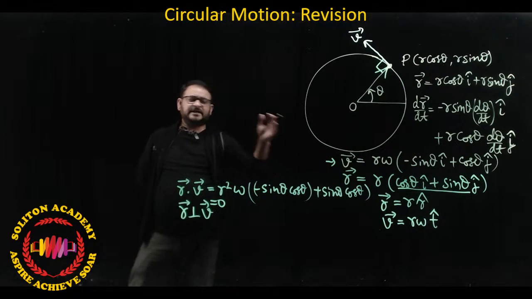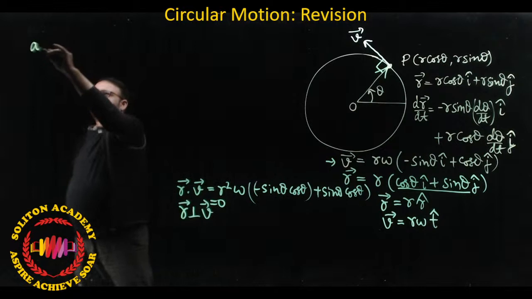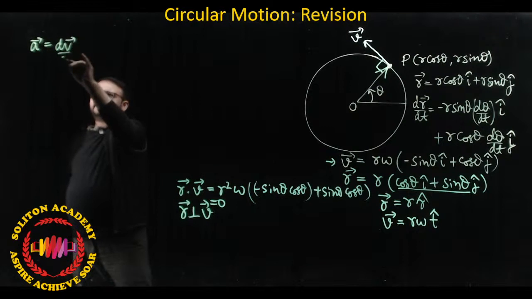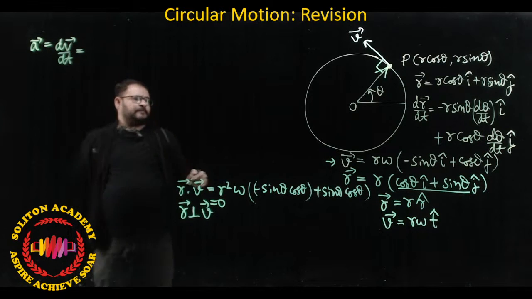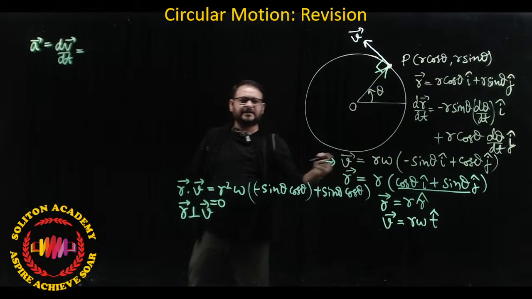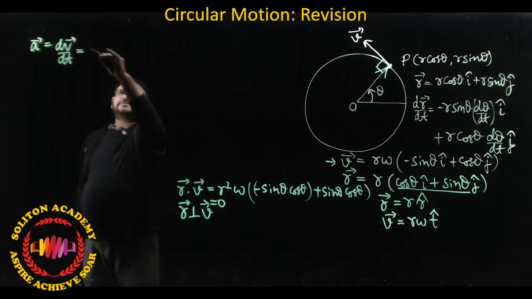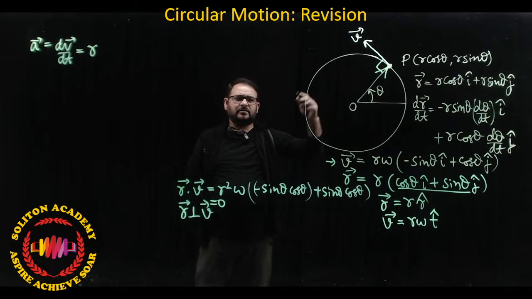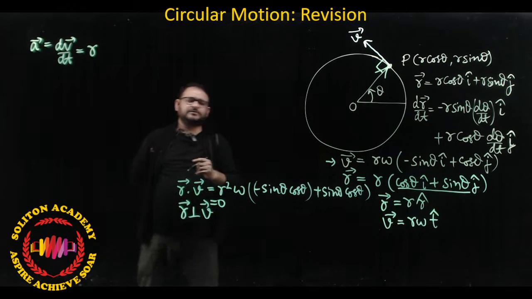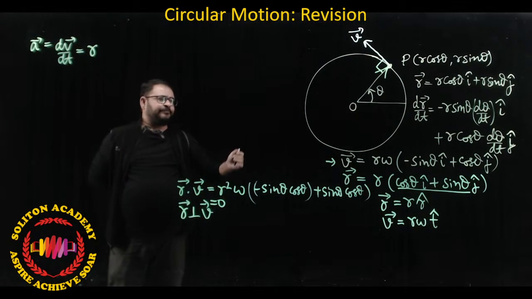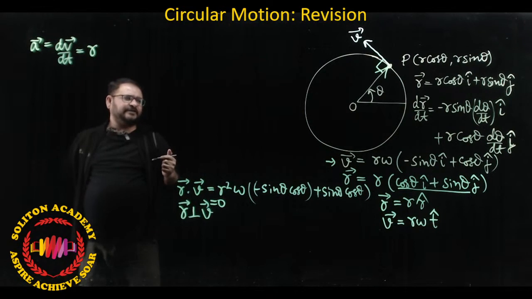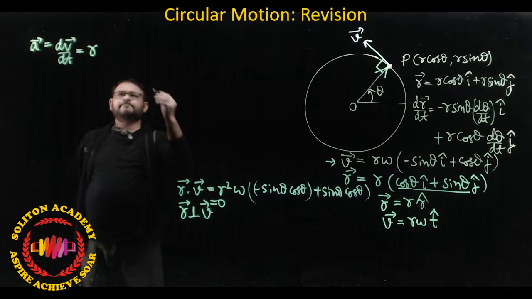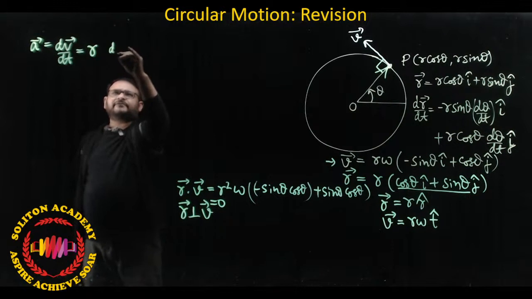Let's take another derivative, and we know what is the acceleration. So dv by dt. So we are going to take derivative of this. Our radius is constant because this is doing a circular motion with a fixed radius. So let's keep it apart. And then everything is derivable. So we'll have d omega by dt.